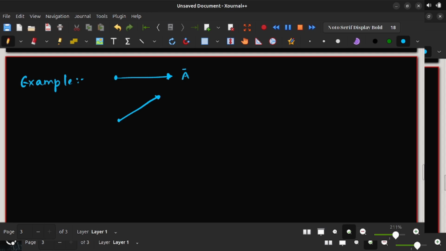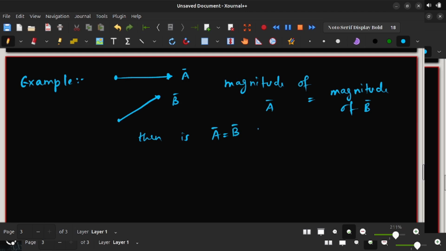This is A vector, this is B vector, and given to you that magnitude of A equals magnitude of B. Then are these equal vectors? Then is A vector equal to B vector?